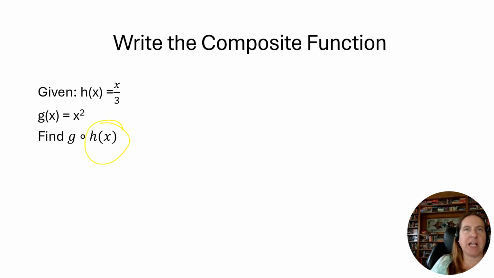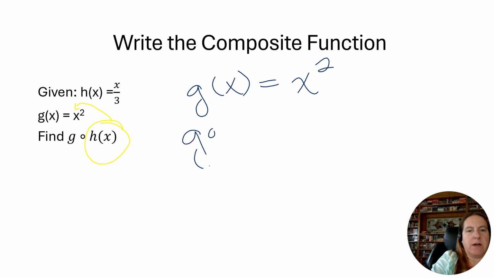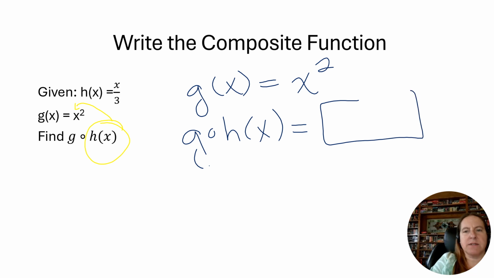We're going to put the h of x expression into g of x. g of x equaled x squared. To find g of h of x, I'm going to replace x with the function for h of x. So I just made my box and then left squared. Inside that box, I'm going to write x over 3. That's the expression for h of x.